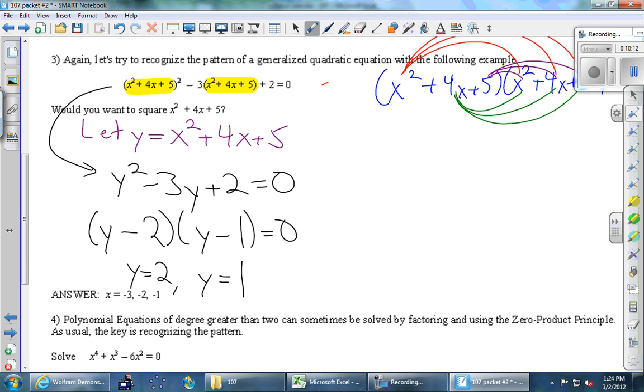But the goal is not y equals, the goal is x, looking at the original problem. So then we do the substituting. We go back, and instead of these y's, we put the stuff that's in yellow because that's exactly what y is. So instead of y equals 2, we have x squared plus 4x plus 5 equals 2.